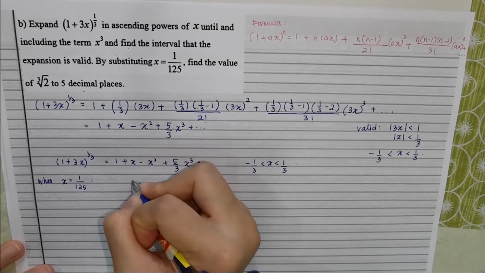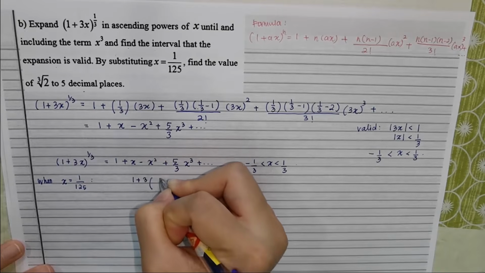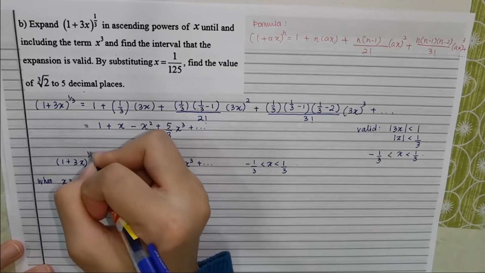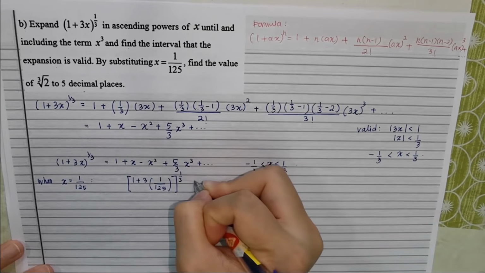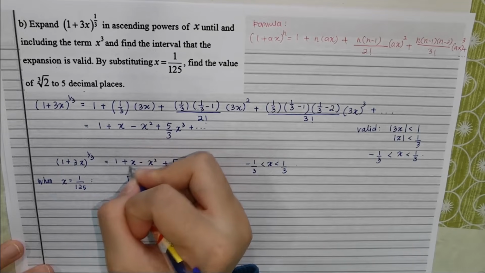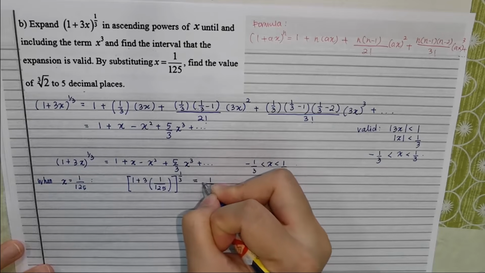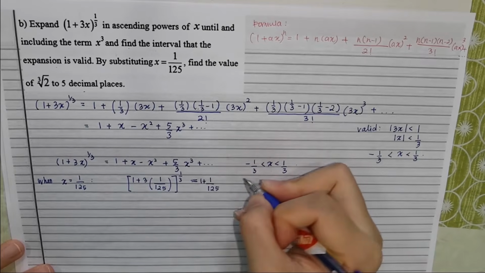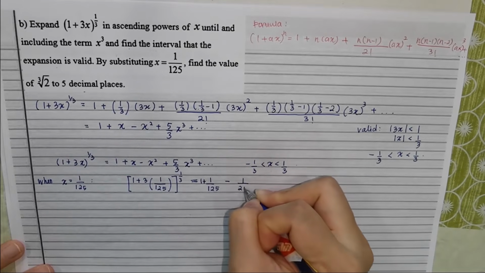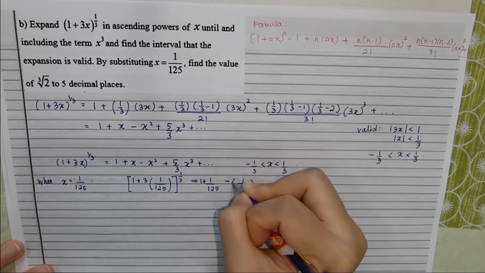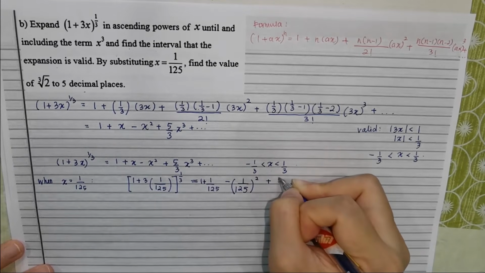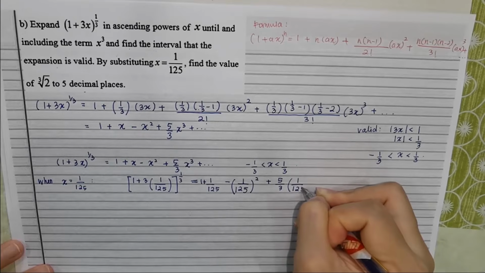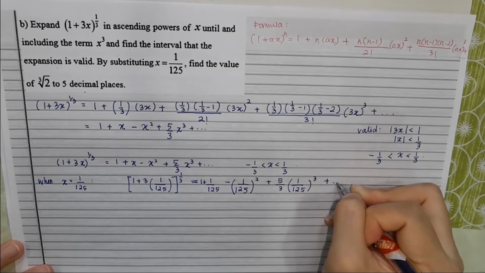So in the left hand side, we get (1 + 3(1/125))^(1/3), which equals 1 plus 1/125, minus (1/125) squared, plus 5/3 times (1/125) cubed, plus the triple dot.